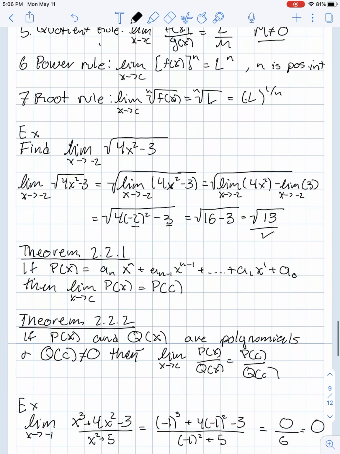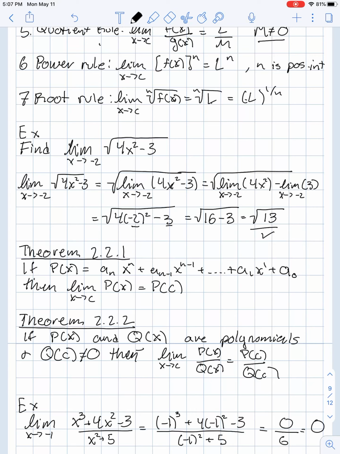Alrighty, so we can use it on this example down here. The limit as x approaches -1 of the function x cubed plus 4x squared minus 3 divided by x squared plus 5. So we're going to use theorem 2.2.2. And I can just plug in c, in this case -1, into each x value in the numerator and the denominator.